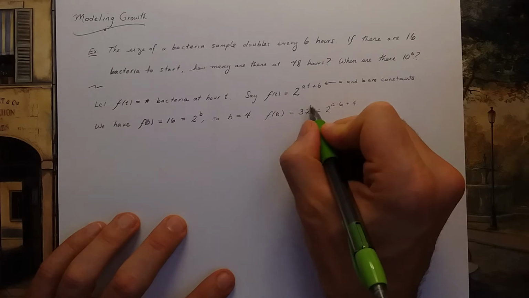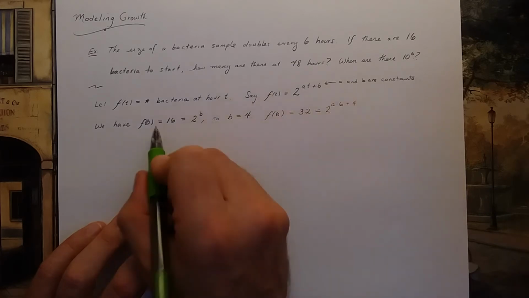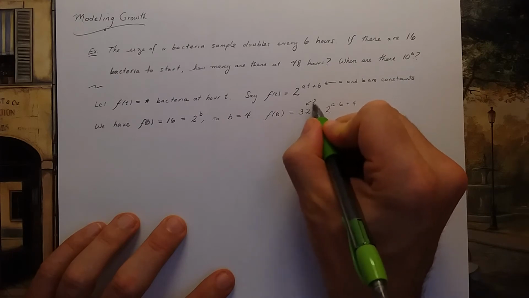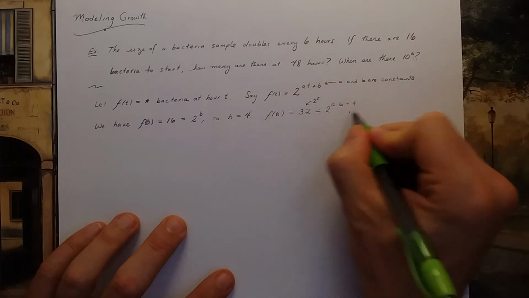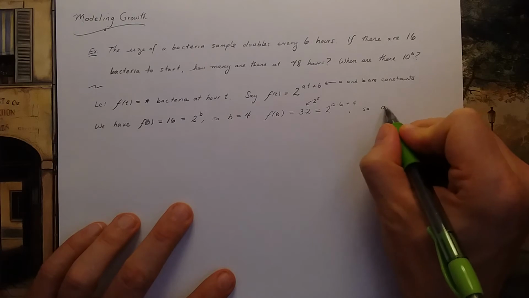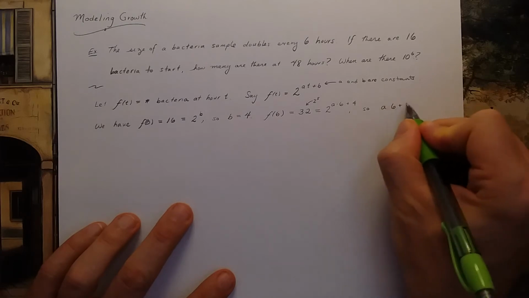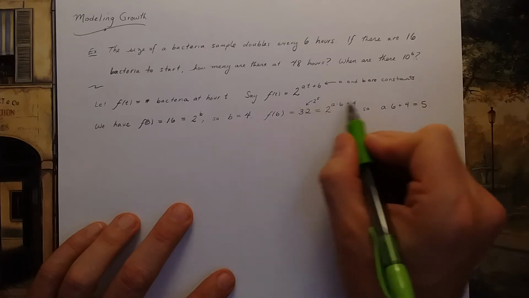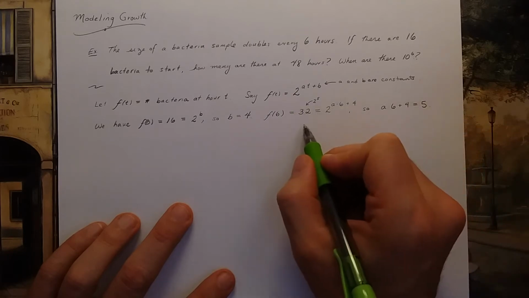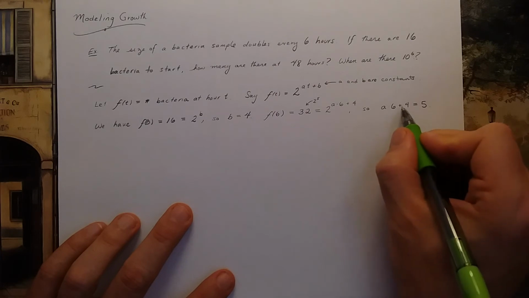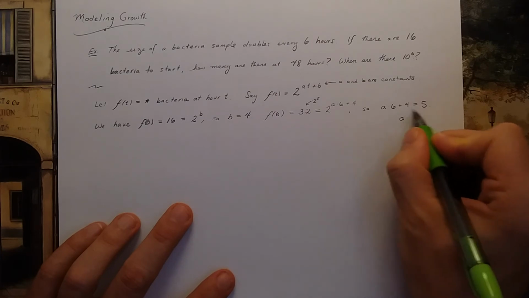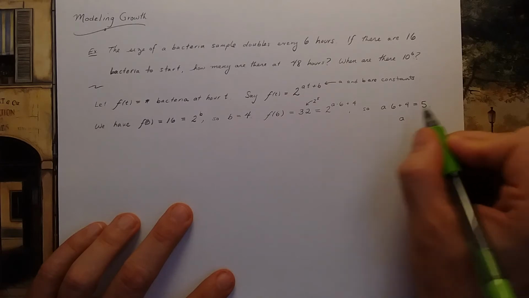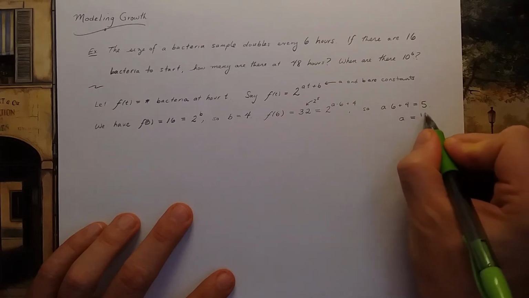Now 32 happens to be 2 times 16, so it's 2 to the 5th power. So I know that a times 6 plus 4 should equal 5. If you didn't see that, again, you could take logarithms on both sides and simplify. This gives you, subtracting 4, a times 6 is 1, so a has to be 1/6.